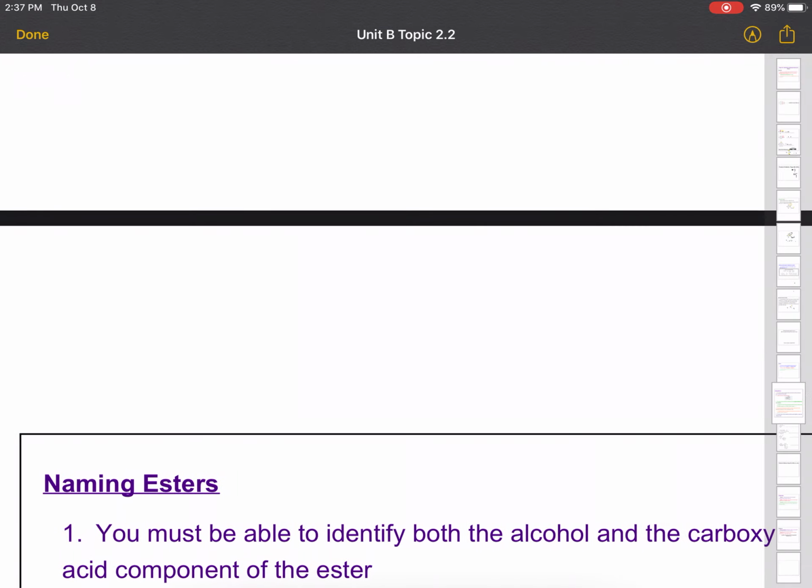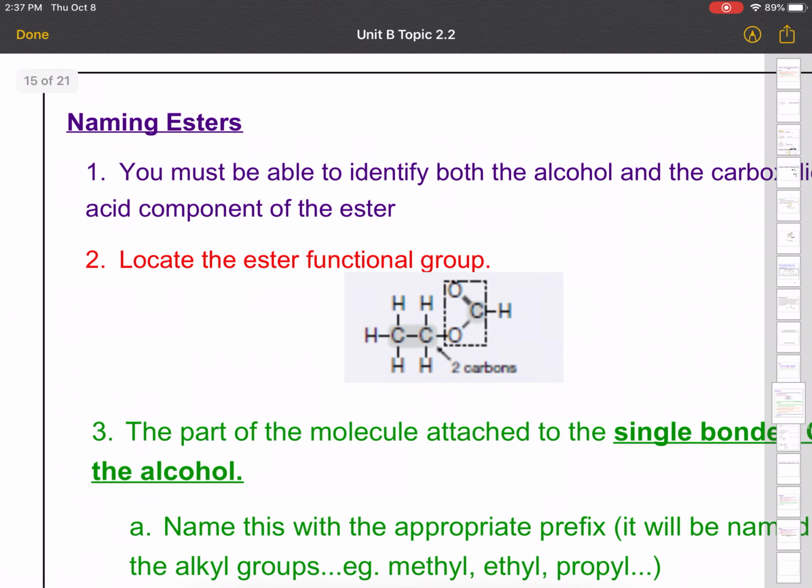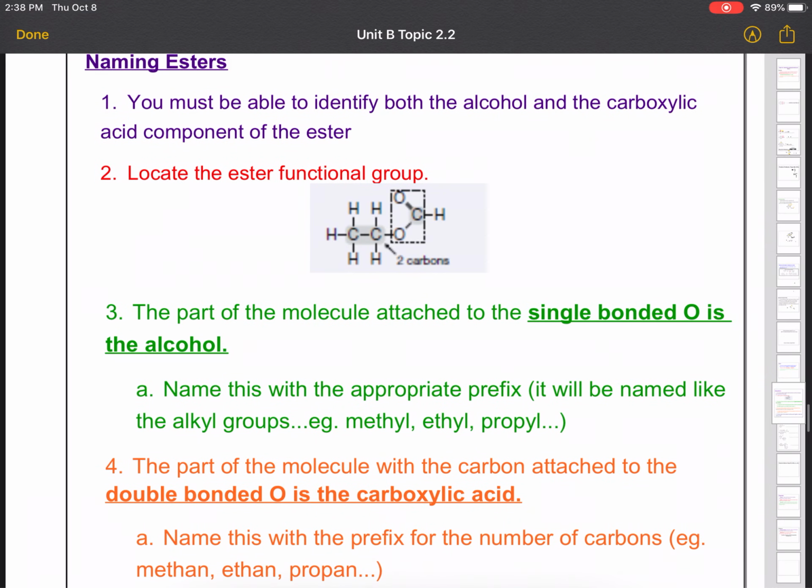So we learned about how to name an alcohol, we learned how to name a carboxylic acid. Now we've got to learn how to name an ester. To name an ester, you must be able to identify both the alcohol and the carboxylic acid component of the ester. Locate the ester functional group, so locating that double bonded O, single bonded O with a carbon.